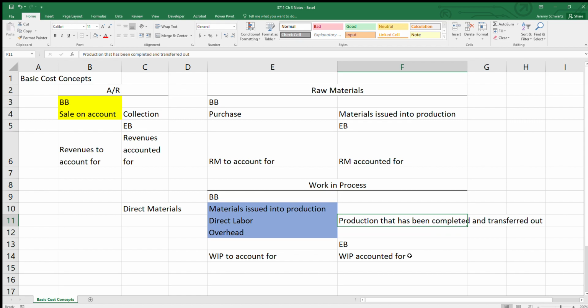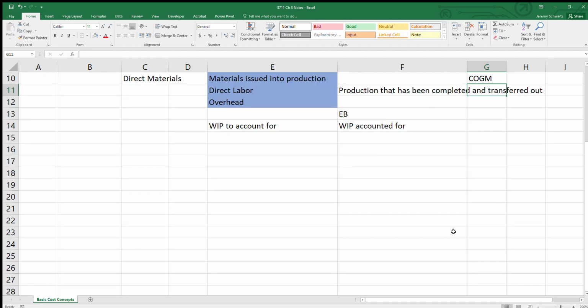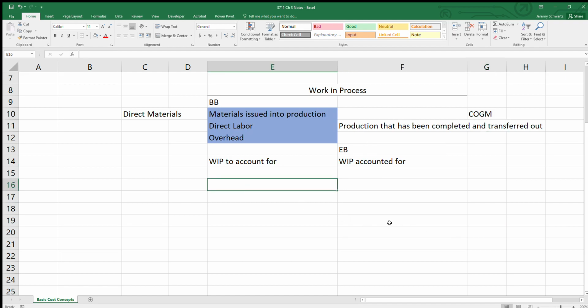Another term for that is cost of goods manufactured. So cost of goods manufactured is the cost of goods whose manufacture has been completed this accounting period and moved out of work in process. And then where to? Well, it's been completed, so we call that finished goods.